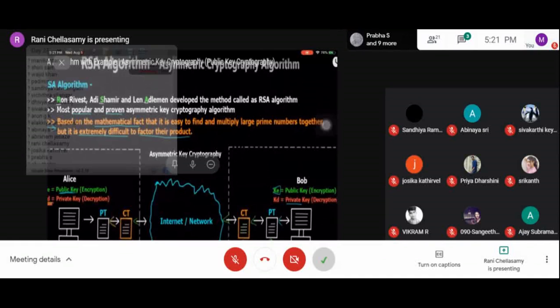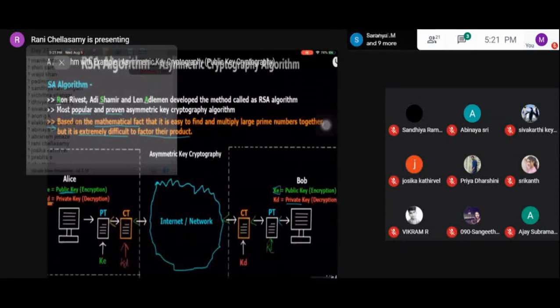Alice has the plain text, which is the text to be transmitted. With the plain text and KE, the public key used for encryption, it is converted into ciphertext, CT.